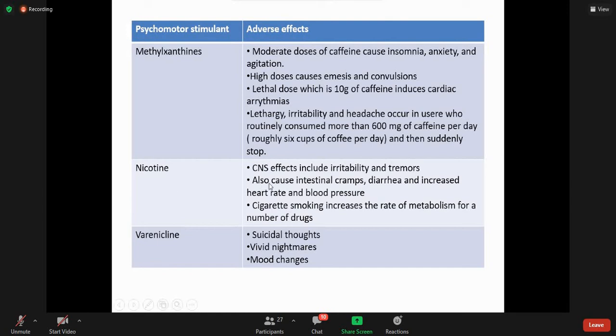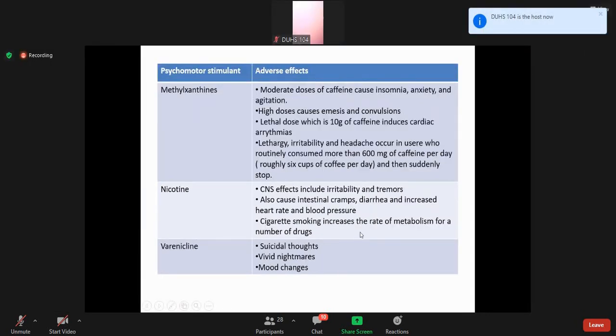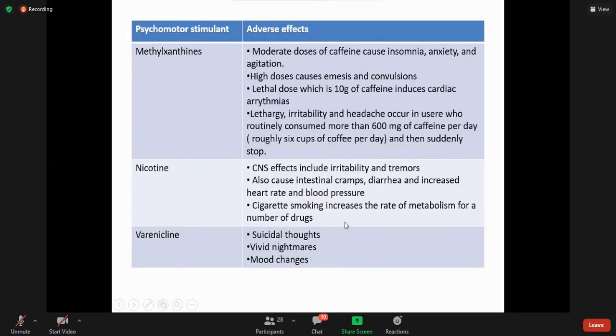Nicotine causes CNS irritability and tremors, and also intestinal cramping, diarrhea, and increased heart rate and blood pressure. Cigarette smoking increases the rate of metabolism for a number of drugs. This is a very important point.